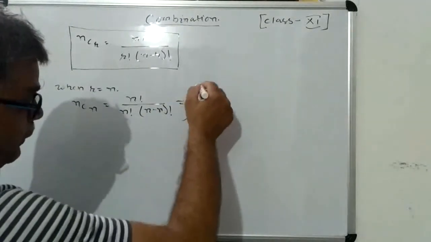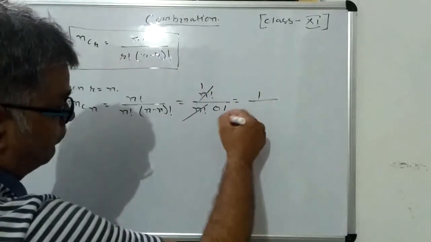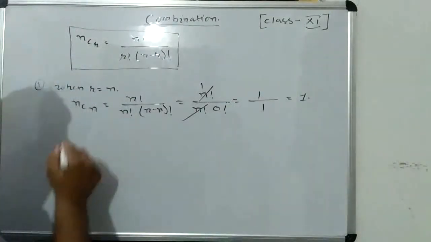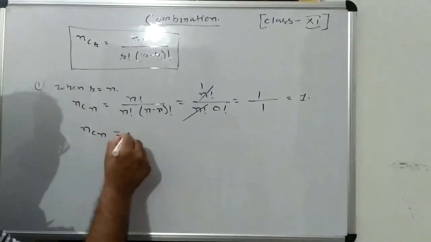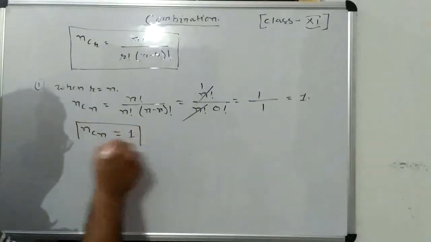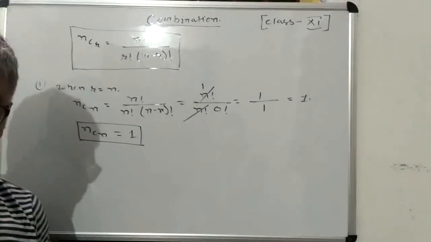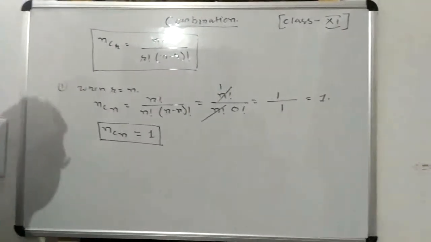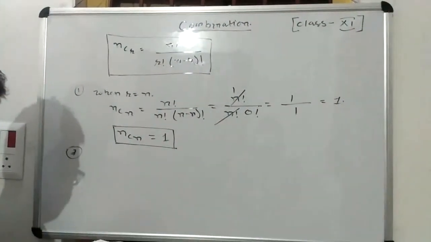Factorial n will get cancelled, and you know that the value of factorial 0 is 1. So this is 1. So this is one formula: nCn equals 1. It means that out of n objects, when you take all n objects at a time, then their value will be 1.